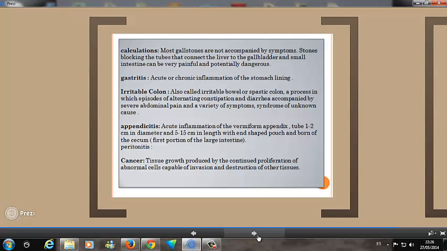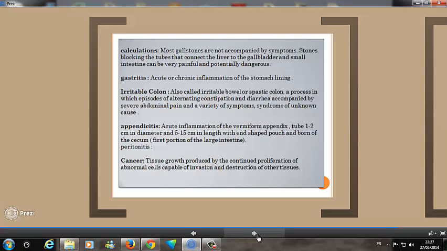Appendicitis. Acute inflammation of the vermiform appendix, a tube 1 to 2 cm in diameter and 5 to 15 cm in length, attached to the first portion of the large intestine.